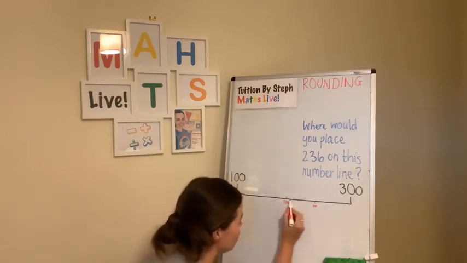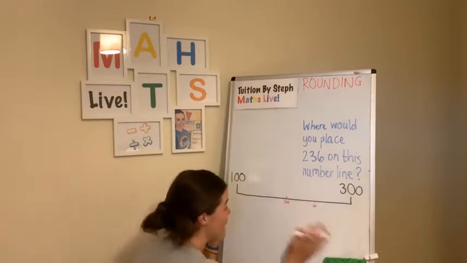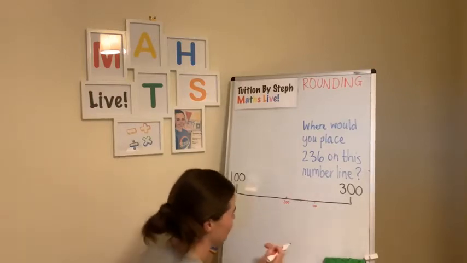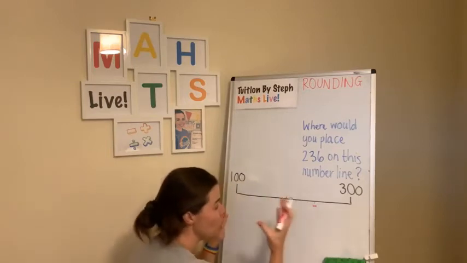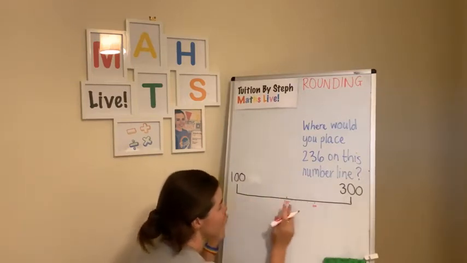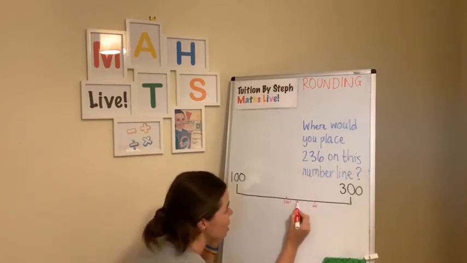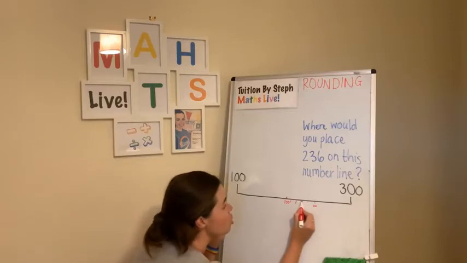So maybe 210, 220, 230, 240, something like that. Again, you might look from your angle and go, not completely accurate, Steph, but it's definitely more accurate than being from this side to this side. So 236, this would be 210, 220, 230, 240.